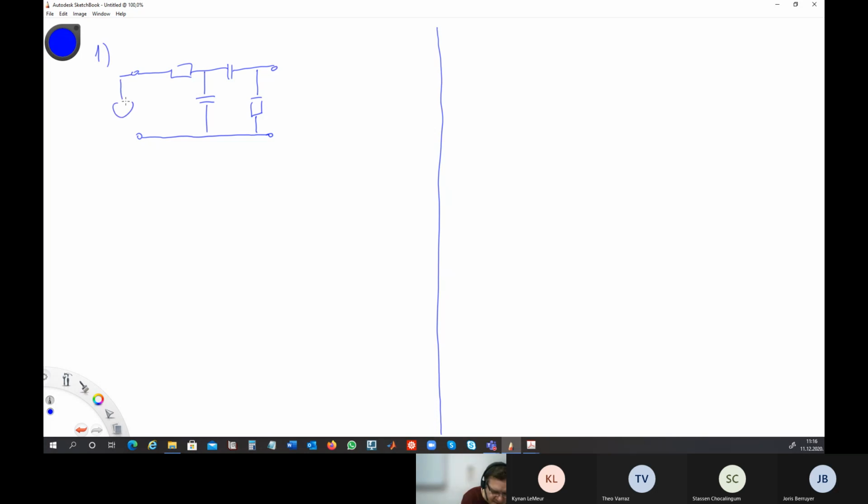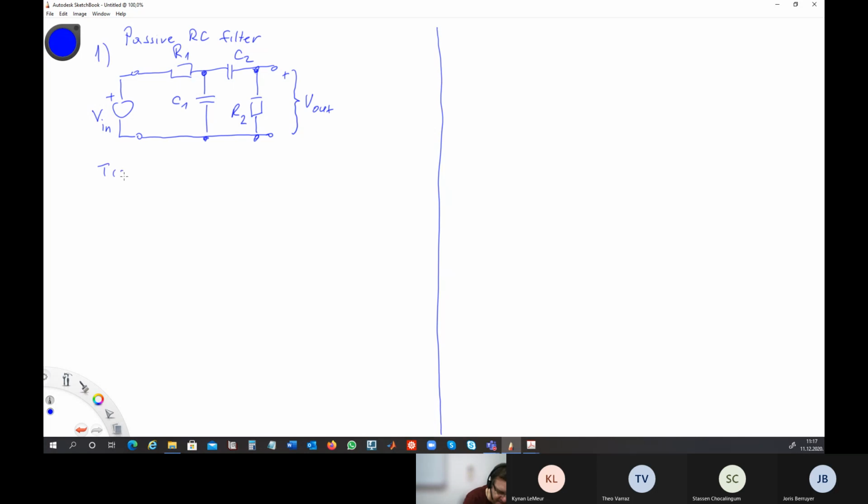Here is the voltage source V in. Here we measure the V out voltage. R1, C1, C2, R2. So this is called a passive RC filter. And we all know how to calculate it.